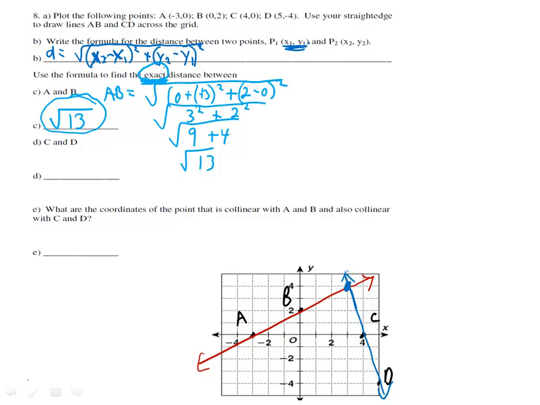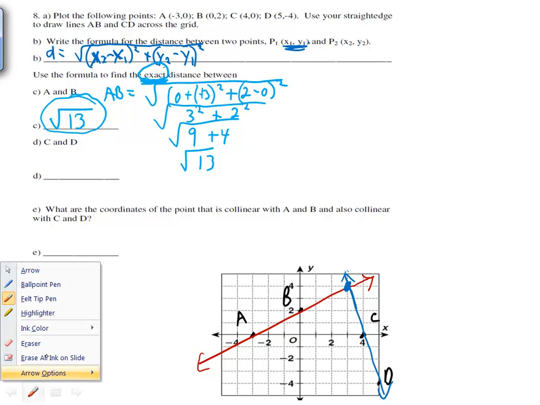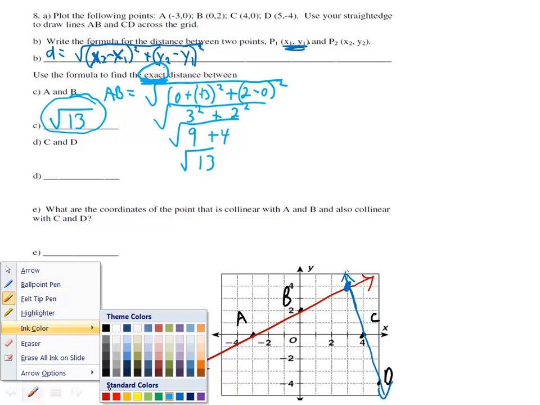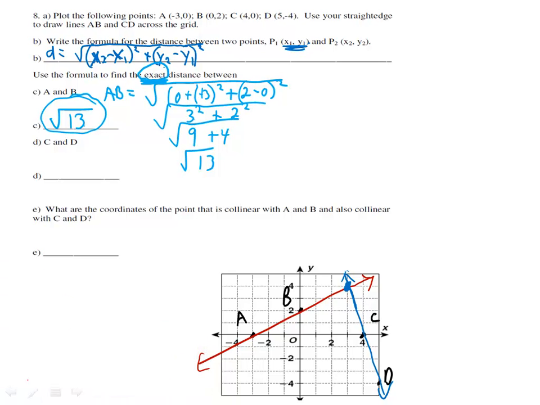Then I could have square rooted it and expressed it as 4. But 13 is not a perfect square number, and so it is only expressed exactly this way. It's an irrational number.